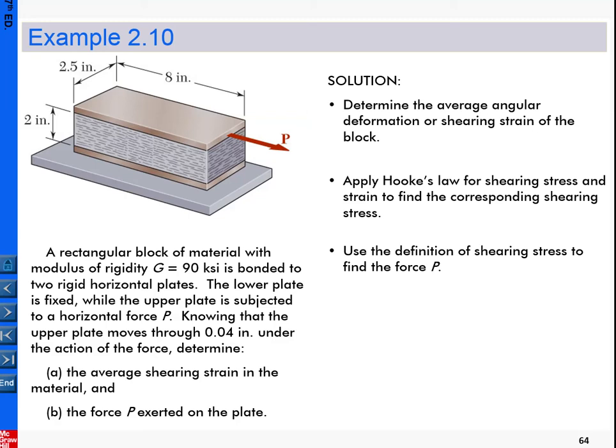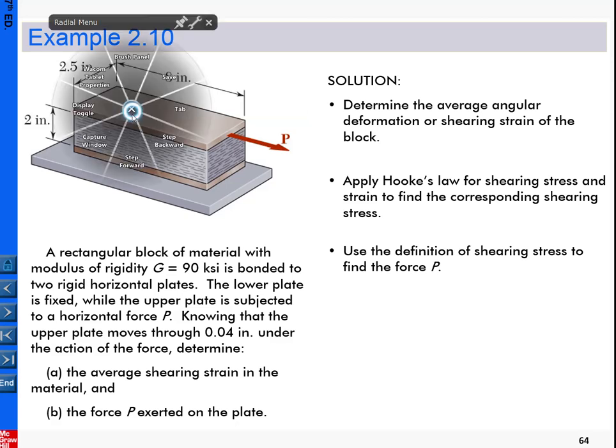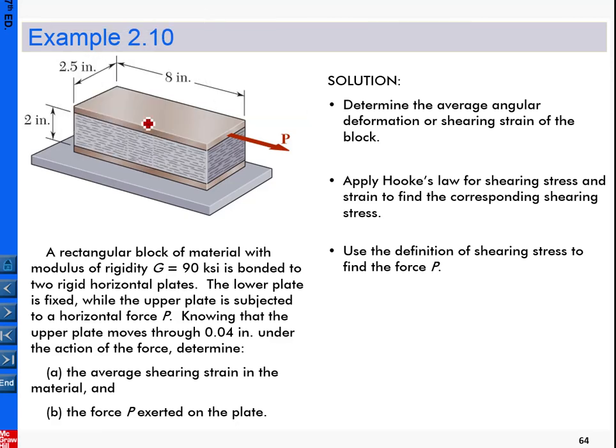This is a simple example to exercise how to apply Hooke's law for shearing stress and shearing strain. The top and bottom plates are rigid, meaning they simply transmit force but don't deform. The only deformable material is the material sandwiched in between.